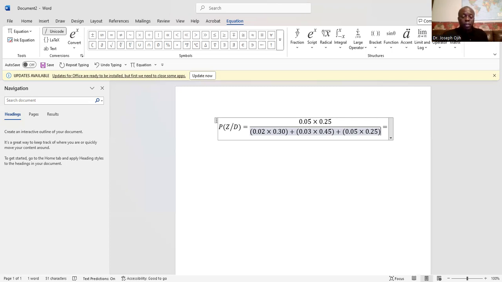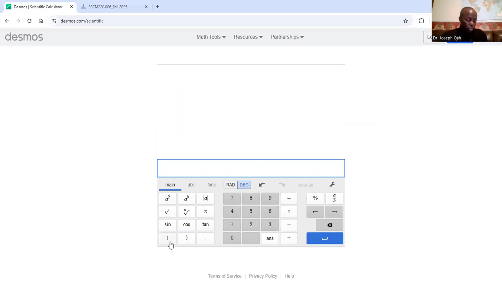So let's get the answer from the calculator, and then we round up. 0.05 times 0.25 over 0.02 times 0.30 plus 0.03 times 0.45 plus 0.05 times 0.25.